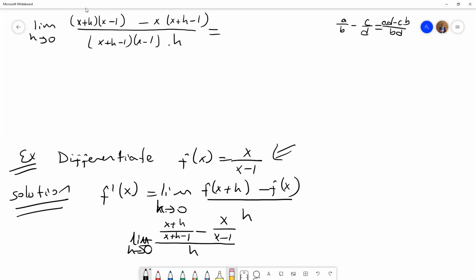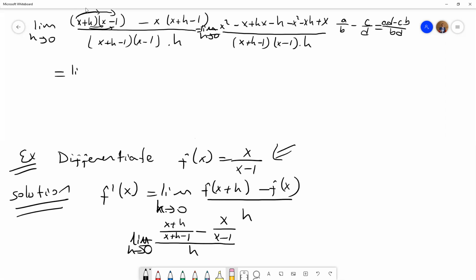So finally, let's find these multiplications. What are they? x squared minus x plus hx minus h and minus x squared minus xh plus x over, of course, we have here limit h goes to 0, and we can write the same things in the denominator again, (x plus h minus 1)(x minus 1) multiplied with h.